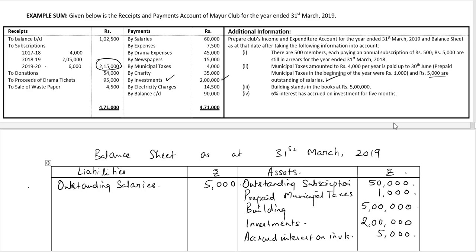Let's move on to the receipts and payments account. In the subscription, in the current year, we've received 6,000 rupees advance for the subsequent year. So that's a liability. Subscription received in advance, 6,000 rupees.